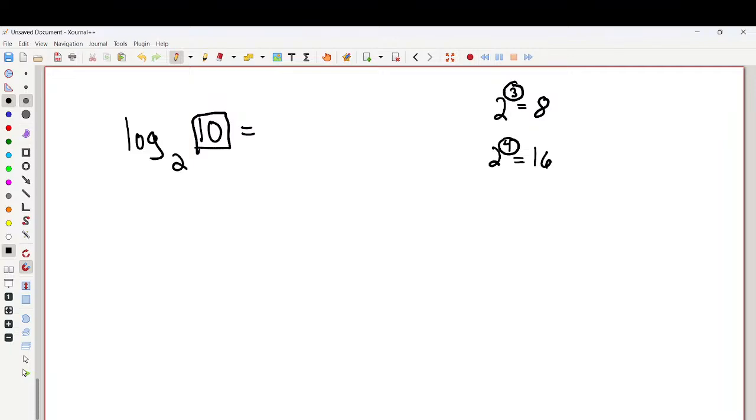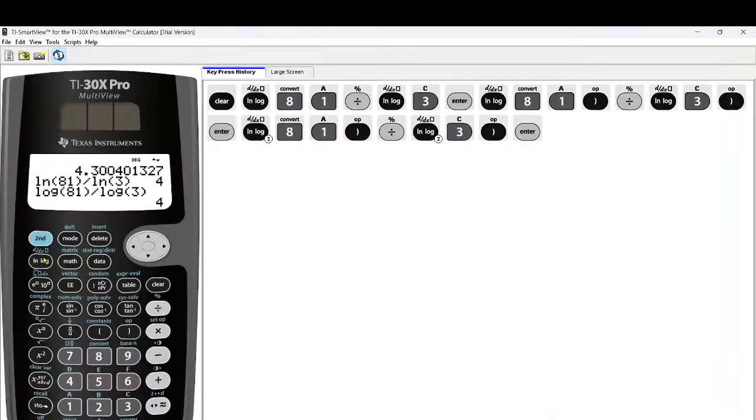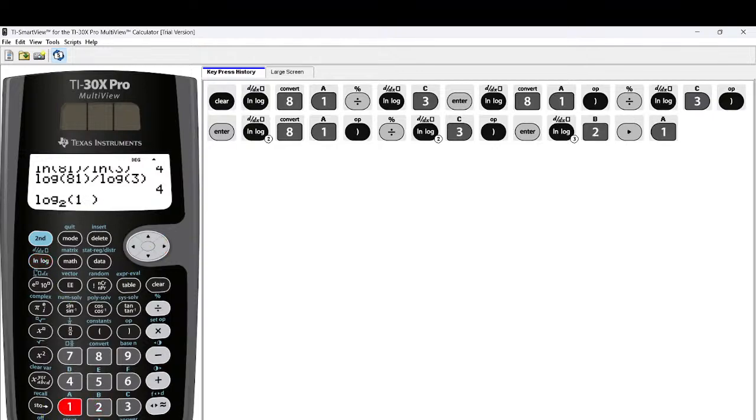Now again, if you have this capability, feel free to use it. And you get a number more than 3 and less than 4. I'll tell you right now, it is super common, and it'll be stated, to use 3 or 4 decimals.